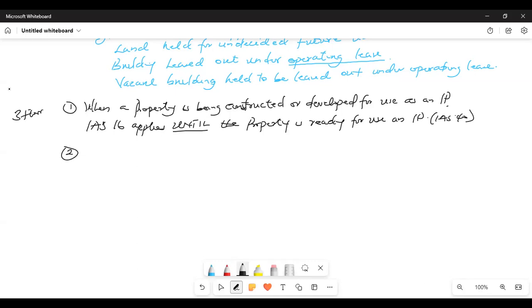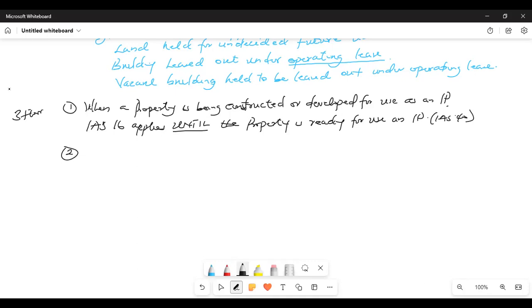Because listen carefully, please. The key is that in IP, you are not using it for administrative purposes. The company is not using the asset itself. It is renting it out, or it is keeping it for capital appreciation. But when we studied PPE, we said PPE is what? Asset that is used in the production of an income, used for rental purposes, used for administrative purposes.